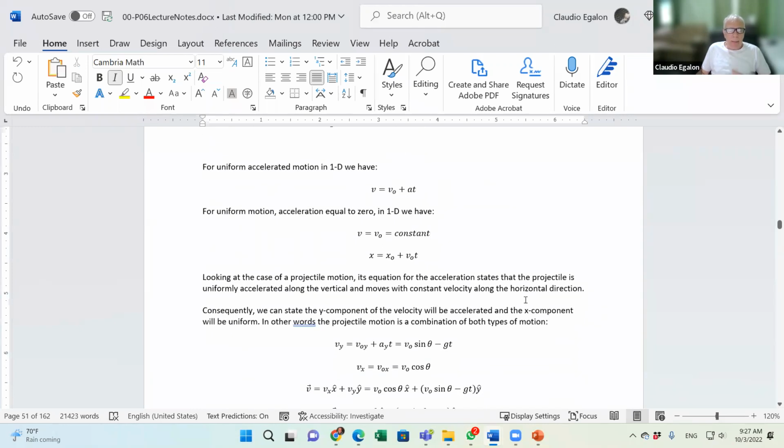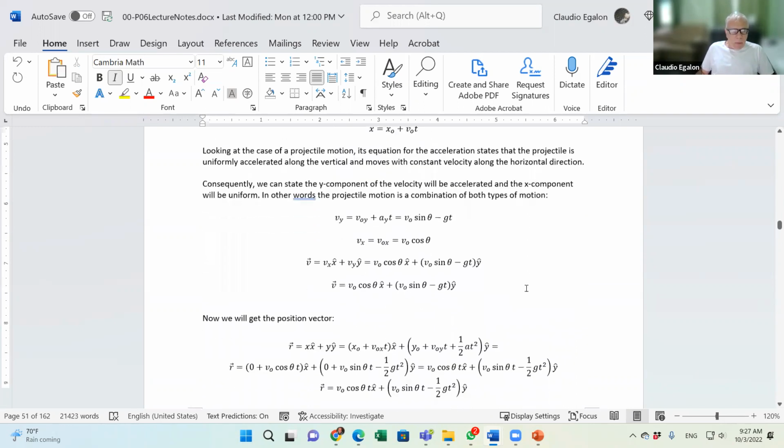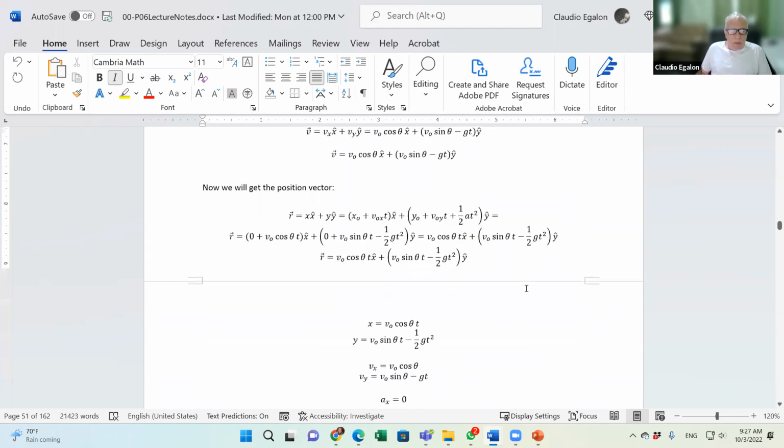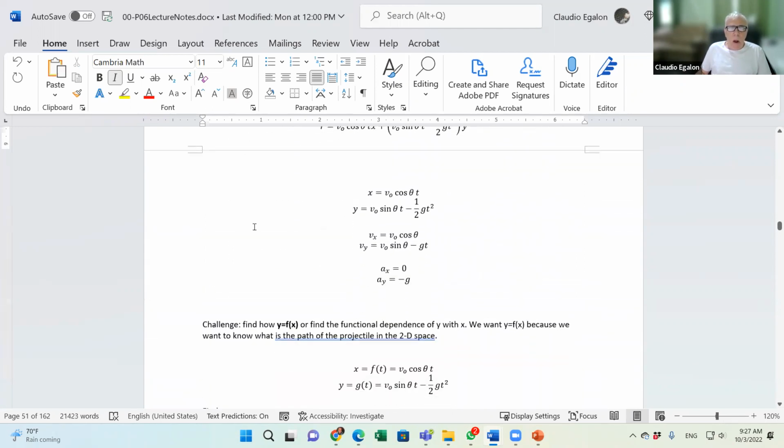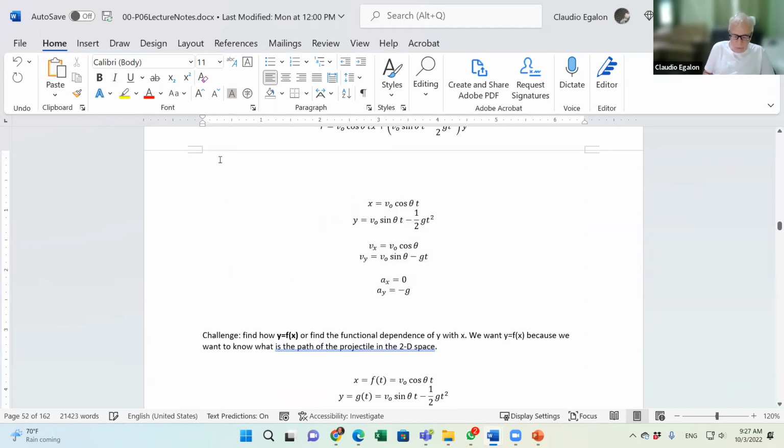And now we can start playing some games with this type of equation. Here's a different way of writing down the equations of motion.